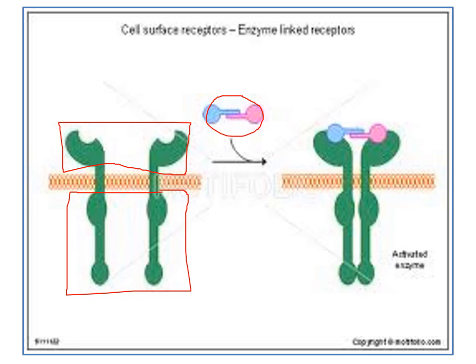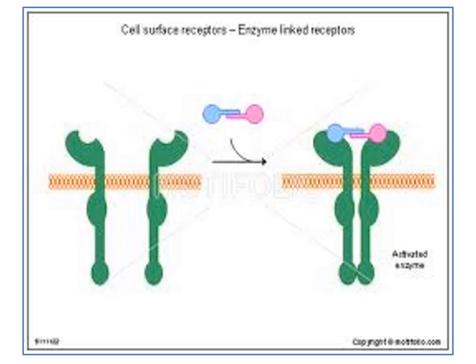Effector domain, remember, is an enzyme, and this enzyme is typically kinase. And as you can see in this particular image, once the ligand binds on the ligand domain, what happens is that we have the enzyme, the effector domain, being connected together, and this connection will lead to the activation of the enzyme domain, and it can start to perform its activity as an enzyme.